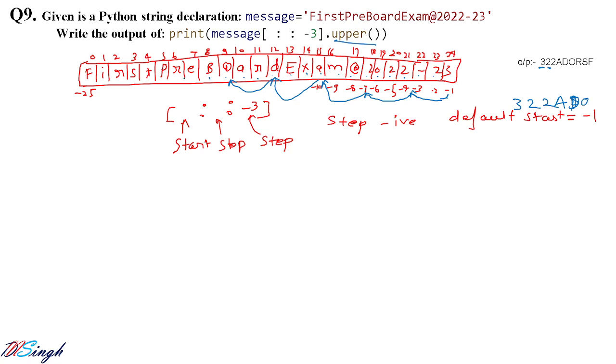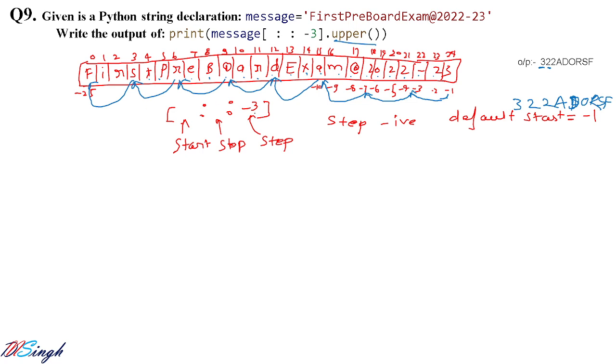Then 1, 2, 3. So that is going to be R, and that too in uppercase. After that 1, 2, 3, S in uppercase. So S will come, and then F will come, and that too in uppercase. So like that you have to keep in mind how it is going to work.